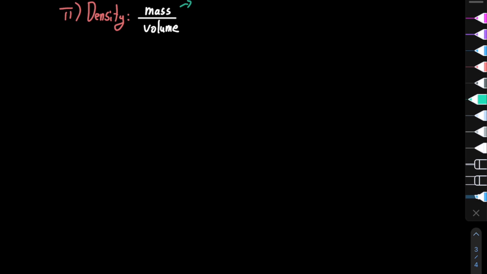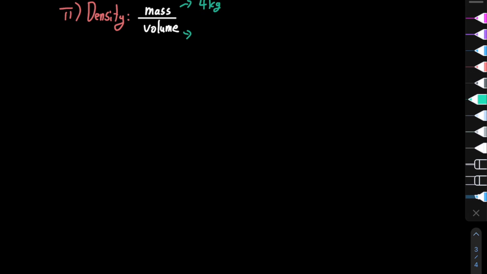Mass is basically like weight in a certain sense. For example, kilograms. And volume, on the other hand, is slightly different, as it measures the space in which a substance is.